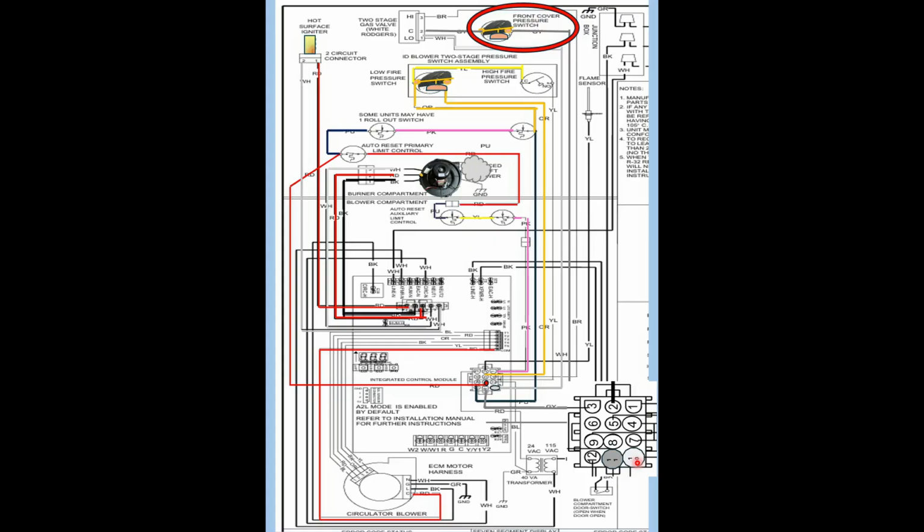The front cover pressure switch is now closed, allowing a complete circuit to be made from the common on the gas valve to pin 11 in the 12-pin plug, as we see here, 10 and 11. So we have ignition now, and we see that indicated by our flame sensor here.